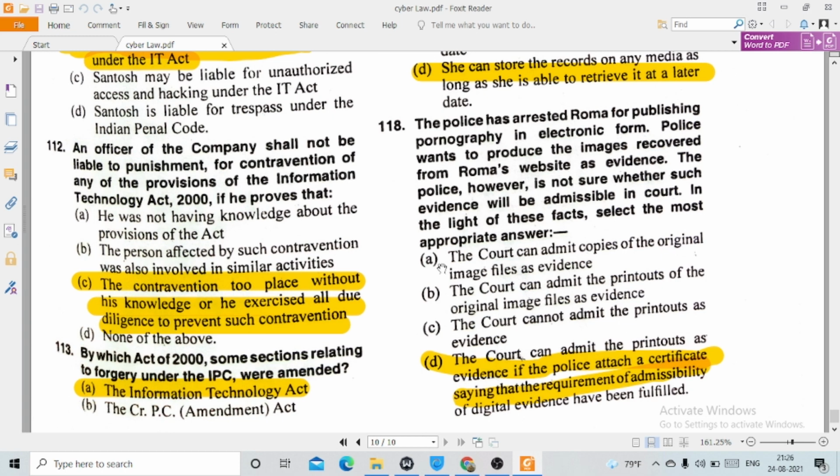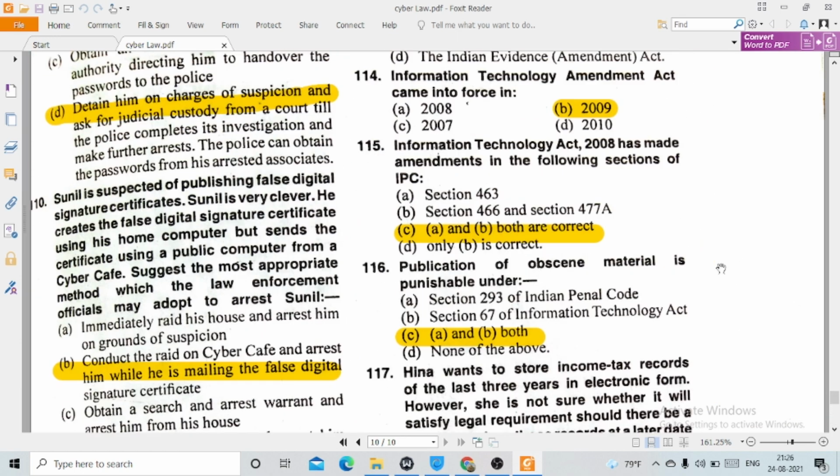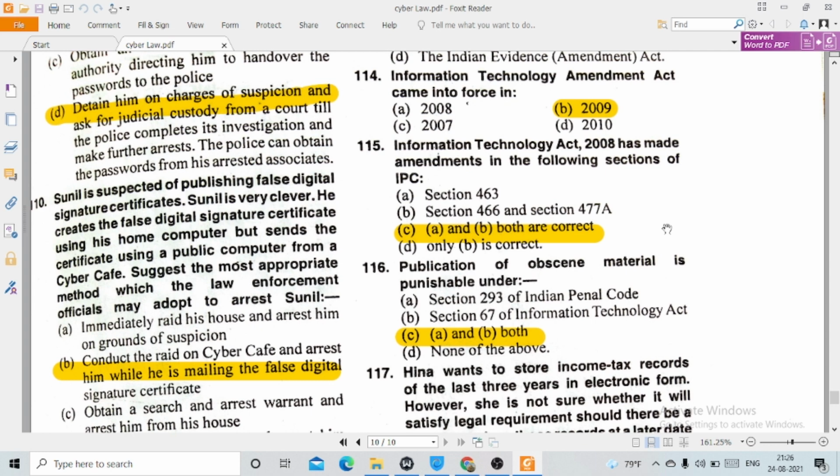113. By which Act of 2000 were some sections relating to forgery under the IPC amended? This is option number A, the Information Technology Act. This amendment was actually done in the year 2008. 114. The Information Technology Amendment Act came into force in option number B, 2009. 115. The Information Technology Act 2008 has made amendments in the following sections of the IPC.